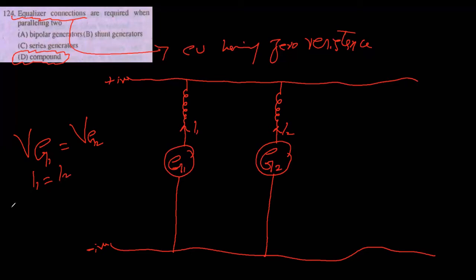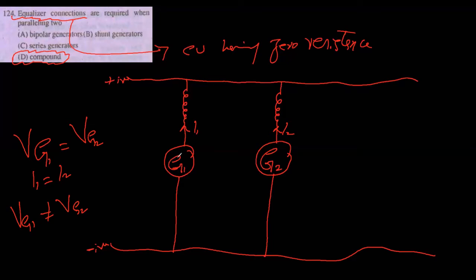But if the voltage of G1 is not equal to the voltage of G2, then what will happen? Let's say the voltage of generator G1 is greater than the voltage of generator G2, or you can say that the excitation of G1 is greater than the excitation of G2, due to which the EMF produced by G1 will be greater than the EMF produced by G2.